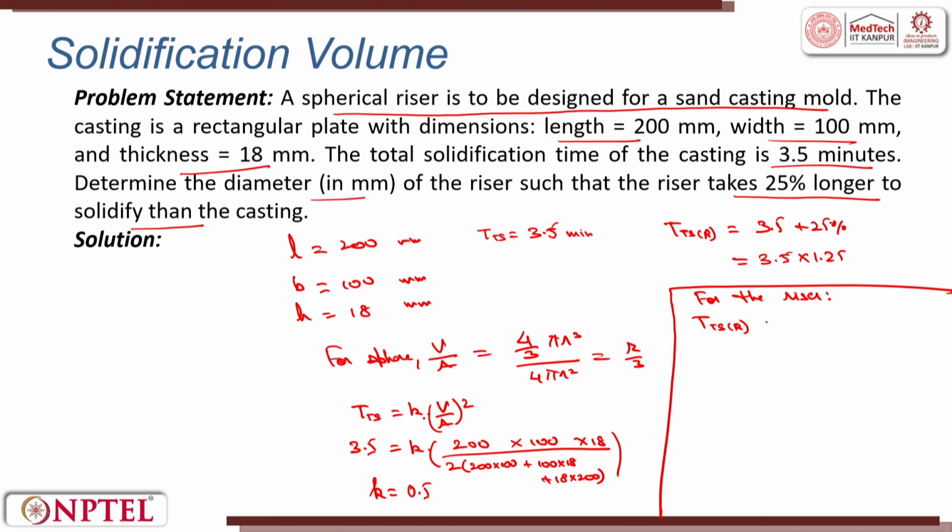This is equal to K into r by 3 square, which means 3.5 into 1.25 is equal to the value of K, 0.5, into r by 3 square, which gives me the value of r square as 78.75, and I get the value of r as 8.87 millimeters.